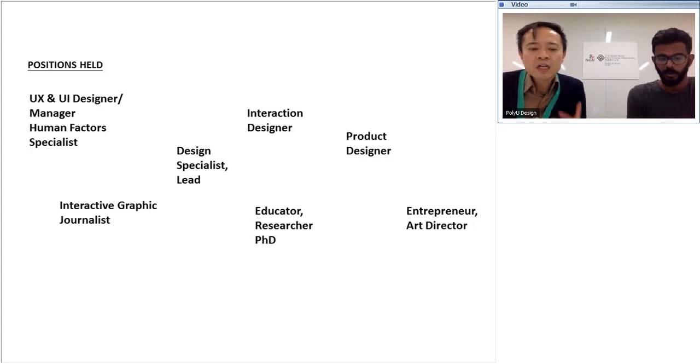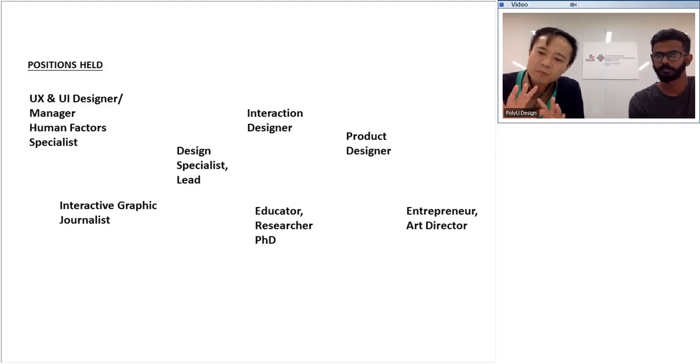So in the program, students might also have a chance to learn about game design as an elective. So entertainment, applications, and sometimes even strategies and business, because in our Master of Design, we also have electives in design strategies and design management. So all this can add much more to UX and UI.